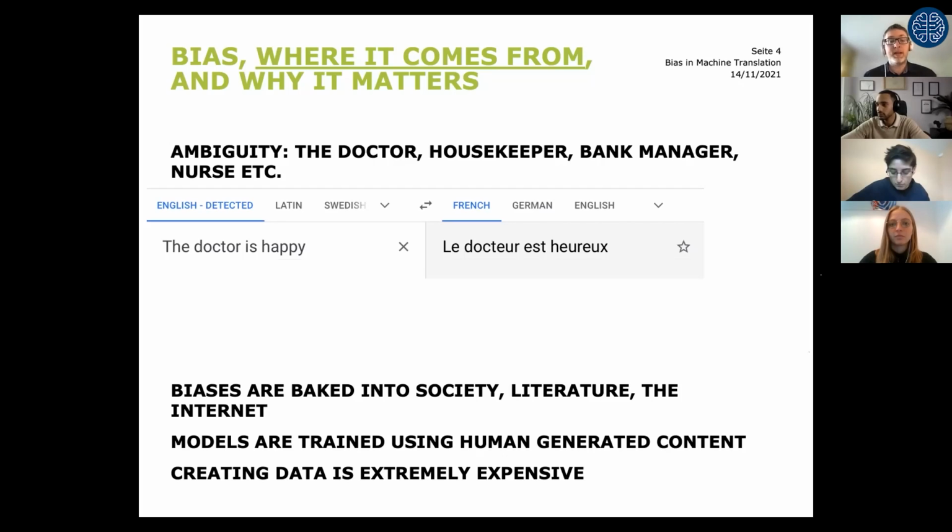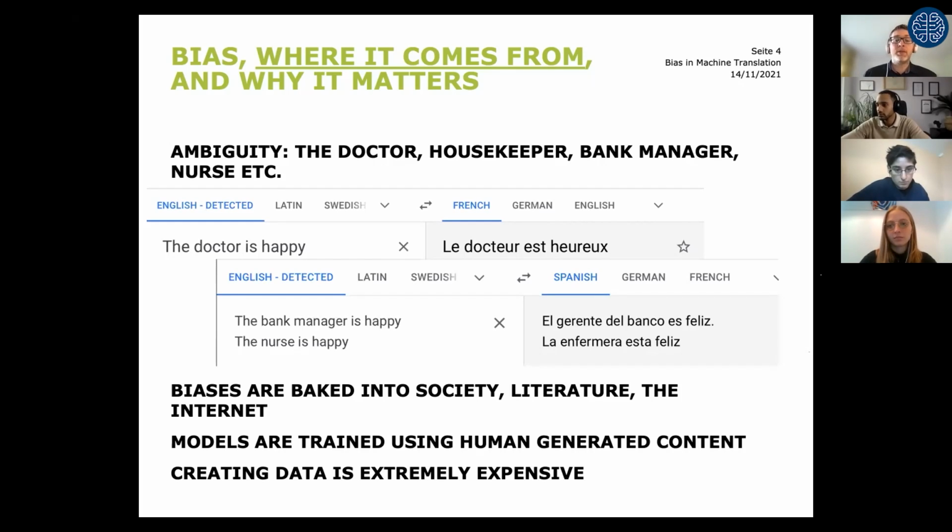A doctor tends to be male, a bank manager also tends to be male, and a nurse tends to be referred to as female. And the problem is that a lot of these models and translation techniques are trained on open and available data, such as literature, the internet, and in general, human-generated content. And the problem in a space like this is that creating new data is far more expensive than training new models. And in the machine learning space, that's a very, very big problem.